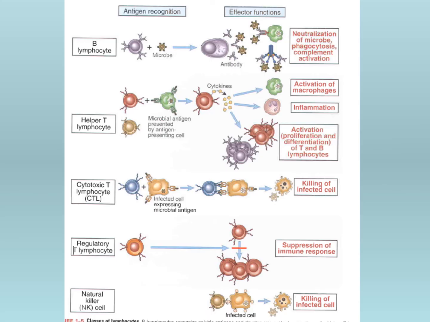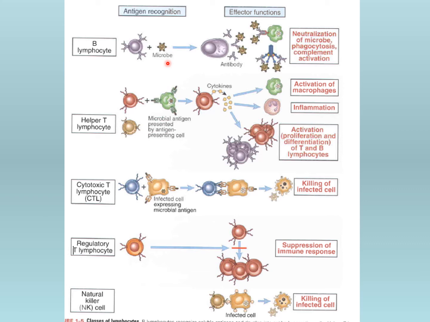Now let's look at how the different types of lymphocytes work. The B cell lymphocytes or B lymphocytes are the one which have B cell receptors on their surface. These receptors are antibodies. So these cells can bind to any antigen or microbe. Not essentially, it has to be bound to some specific cells.